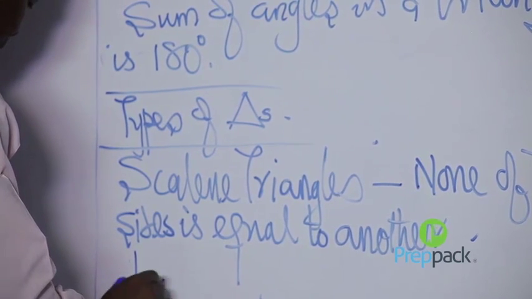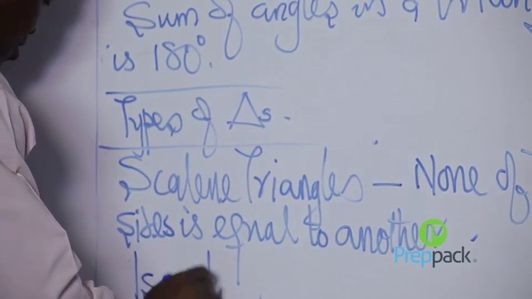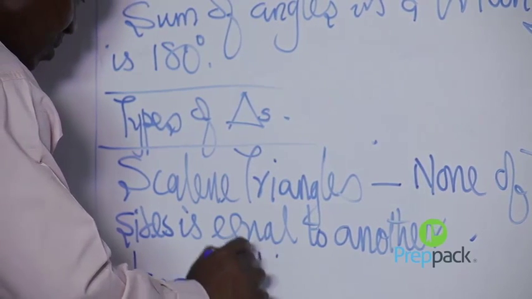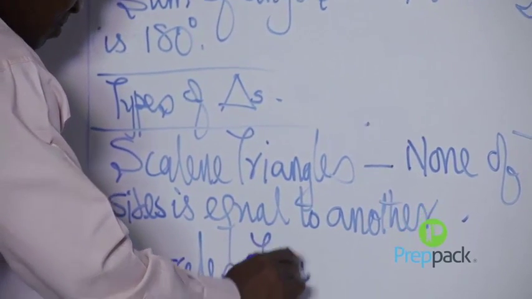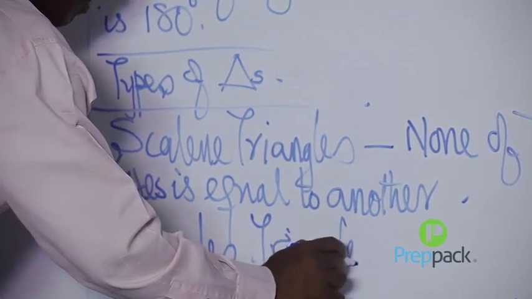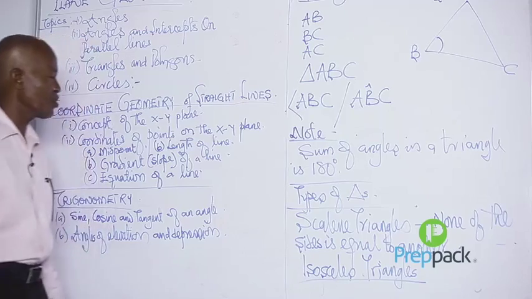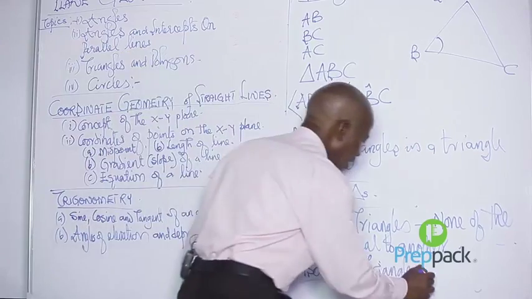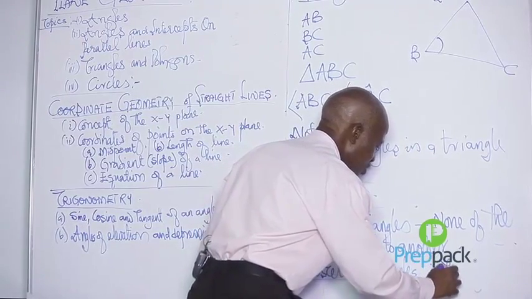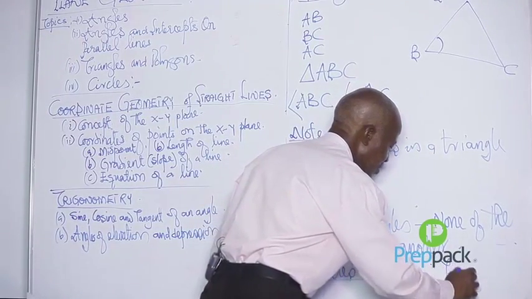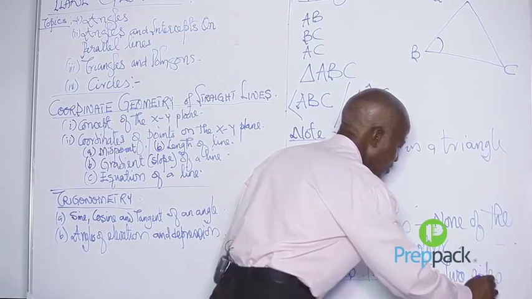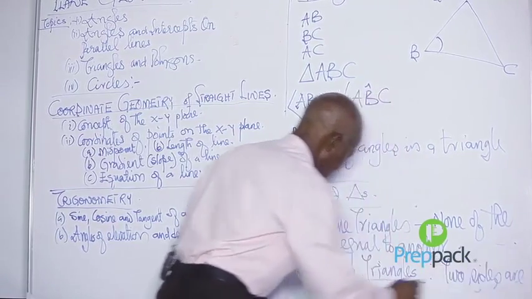Also, we have the isosceles triangle. In an isosceles triangle, two sides are equal.